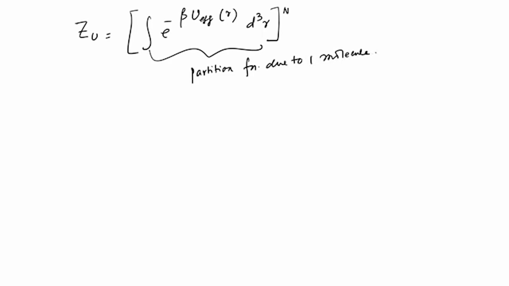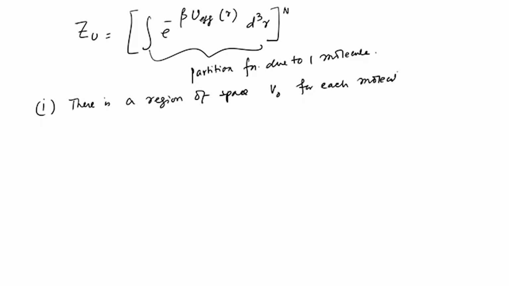Okay. Now, it is important to note that there is a region of space, let us call it V0, which is for each molecule excluded from the integral.